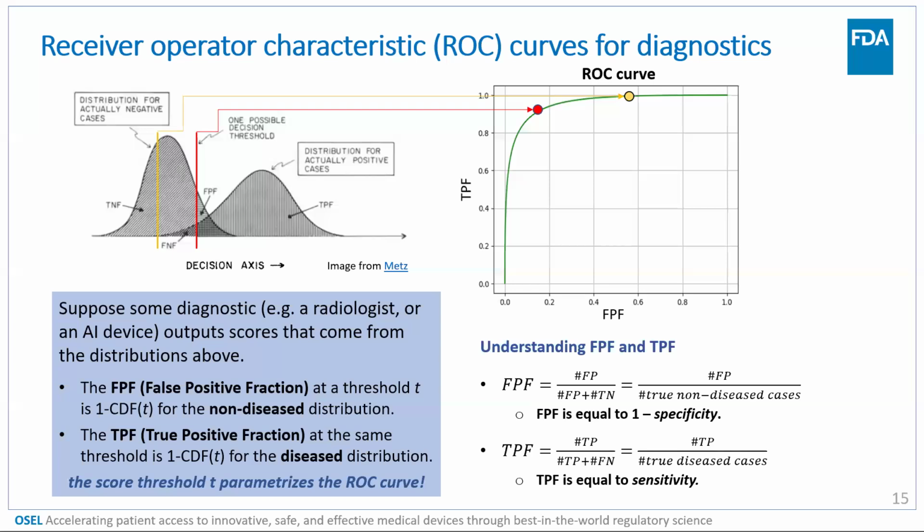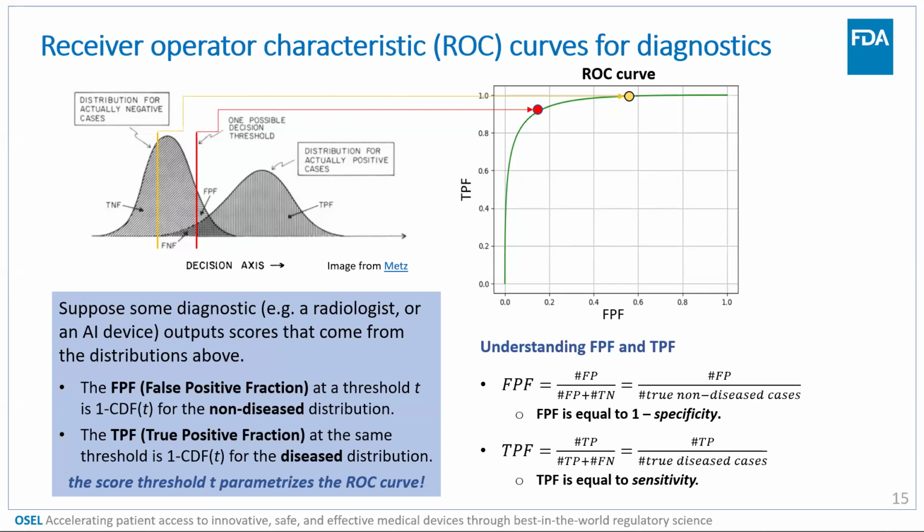And let's just take, for example, this red line as one possible decision threshold. So that threshold could mean all images with a score higher than that threshold are deemed cancerous. All images with a score lower than that threshold are deemed non-cancerous.